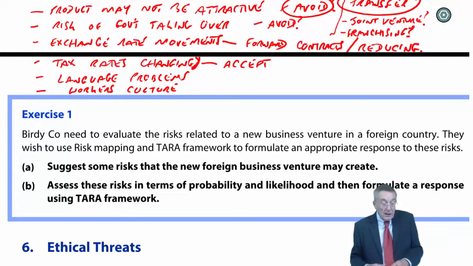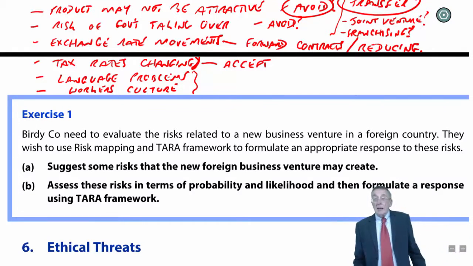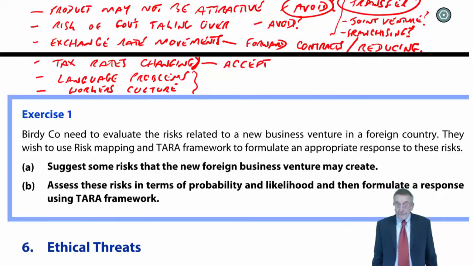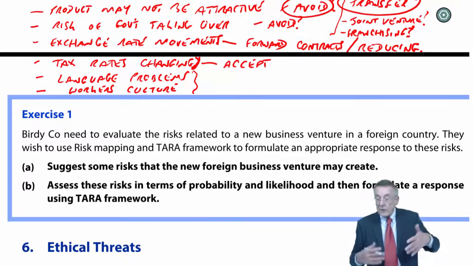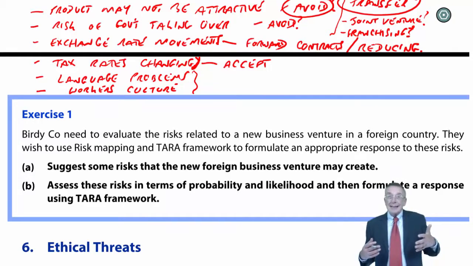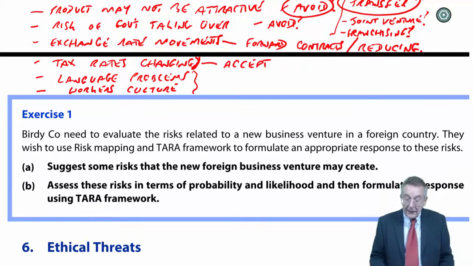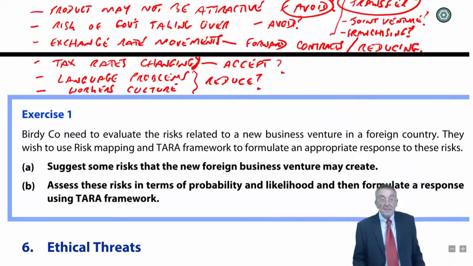Language problems, workers' culture. Again, it depends on the likelihood, which depends so much on the country involved, and the level of impact. They might be something you'd attempt to reduce. I'll put question marks against all of them.